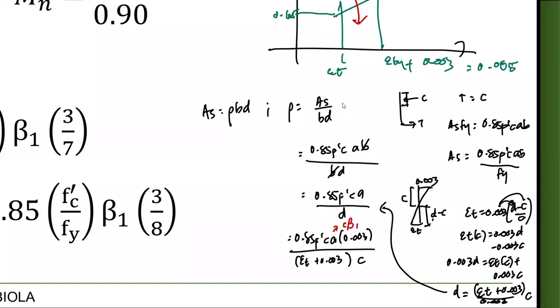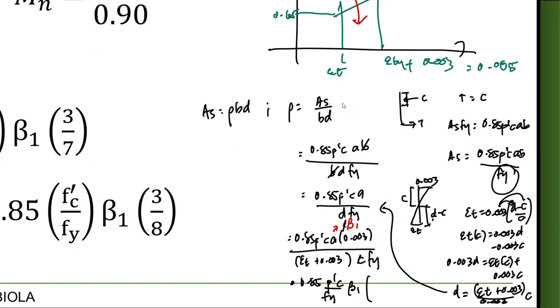O beta 1C. So, ito, magka-cancel out yung C. Kaya ang natira, 0.85 F prime C. Okay. Nawala yung Fy. Wait lang. Ito, no? May Fy ito. So, may Fy dapat dito. Okay. Over Fy, beta 1.